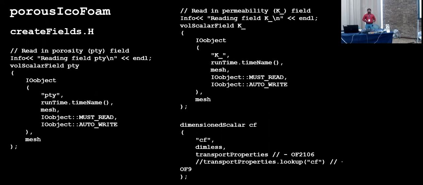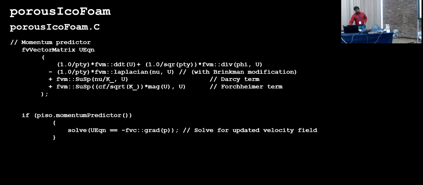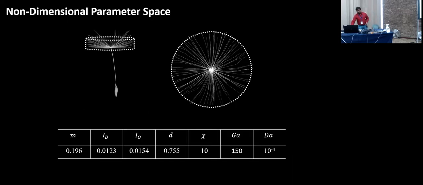We validated it with respect to the flow field behavior behind the body, and we got a very good match. But I'm more interested in the physics, so I'm not going into the details of that. I just hard coded the governing equation into the U equation, every vector matrix, and it's as simple as that. So the coding was pretty simple.